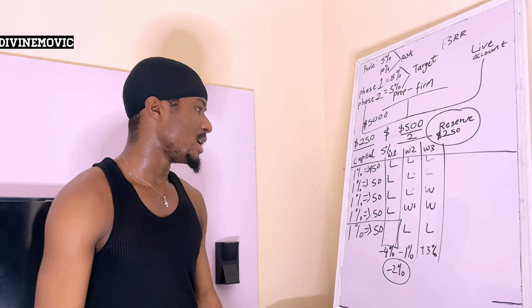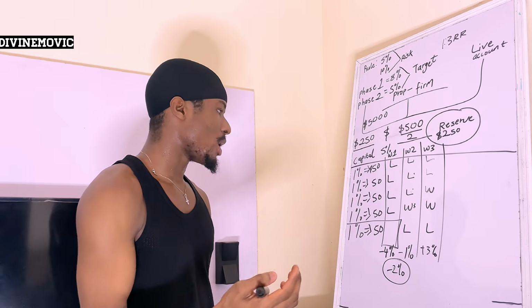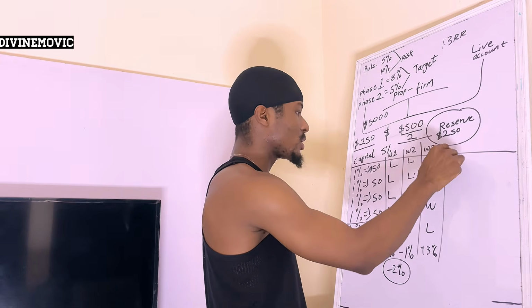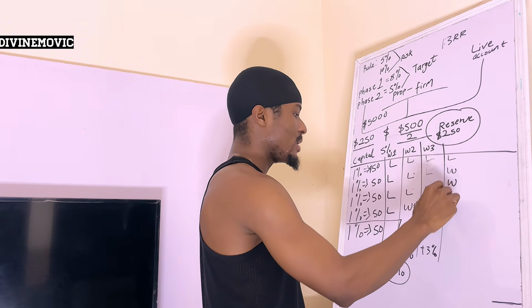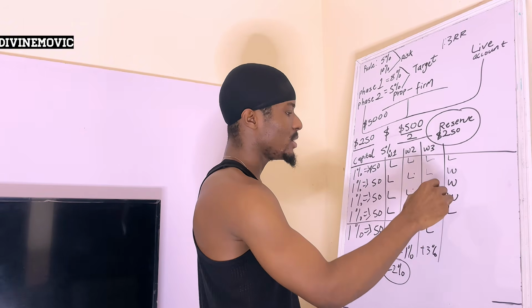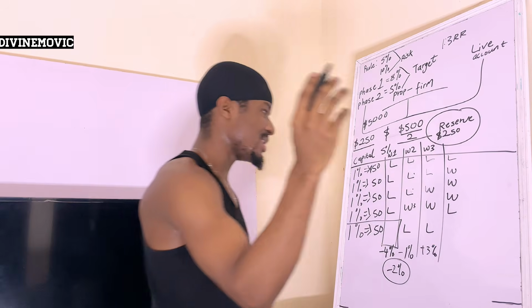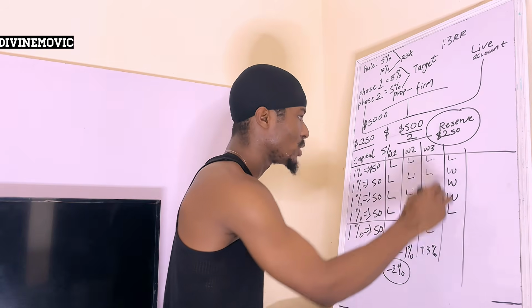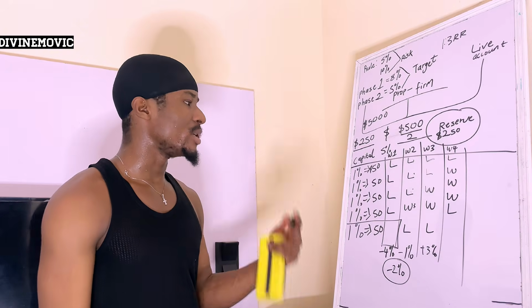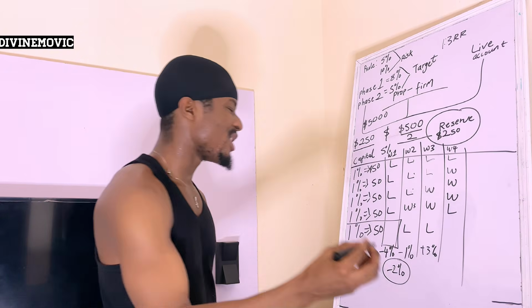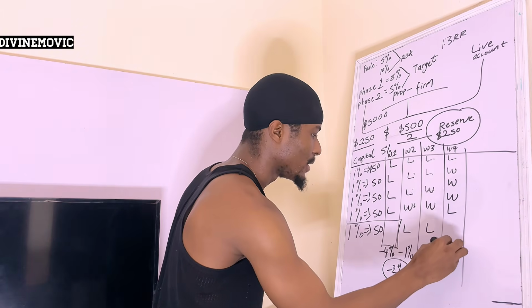Follow me carefully. Now let's assume on the next trades, we had maybe a loss, a win, a loss, and so on for Week 4. On Week 4, we had 3 wins and 2 losses. Automatically, we have made plus 7%.